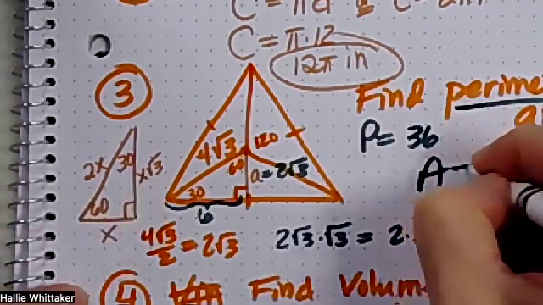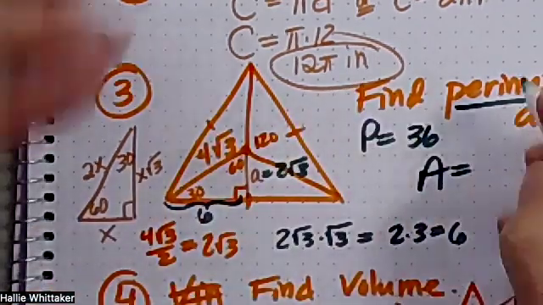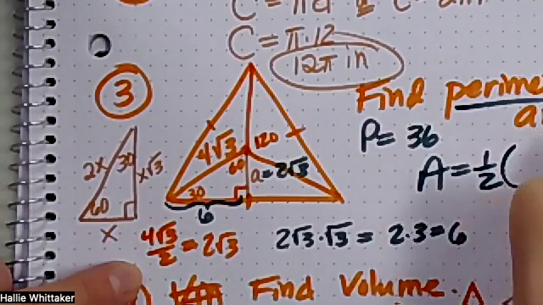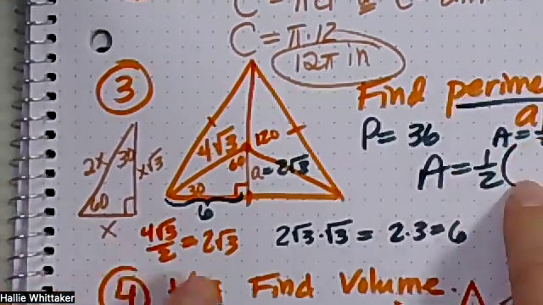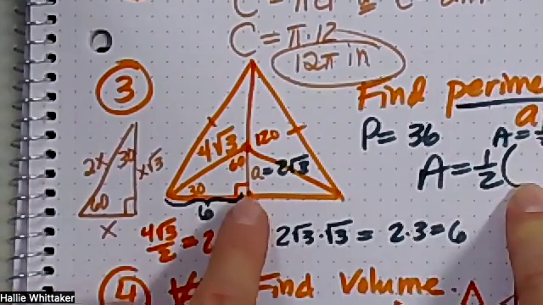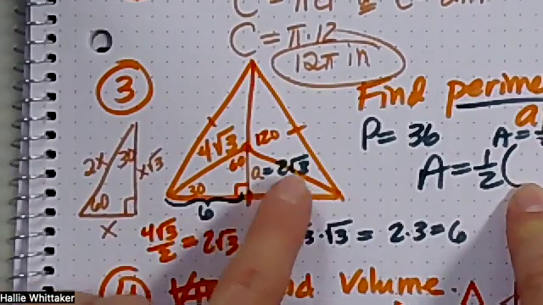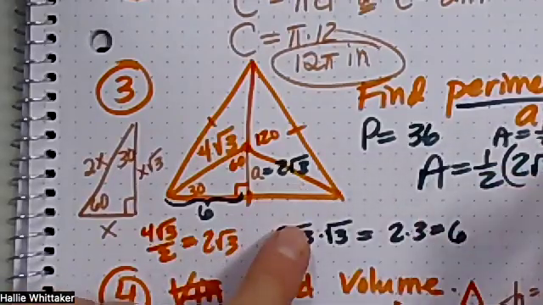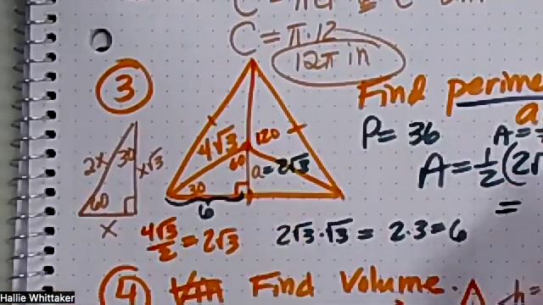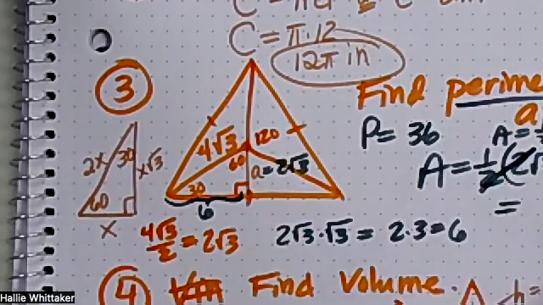And now let's go ahead. Area is 1/2 the apothem times the perimeter. What's your apothem again? We found it. Short side, 2 square root of 3. And your perimeter, we just said, is 36. So your 2's cancel out here. 36 times square root of 3.